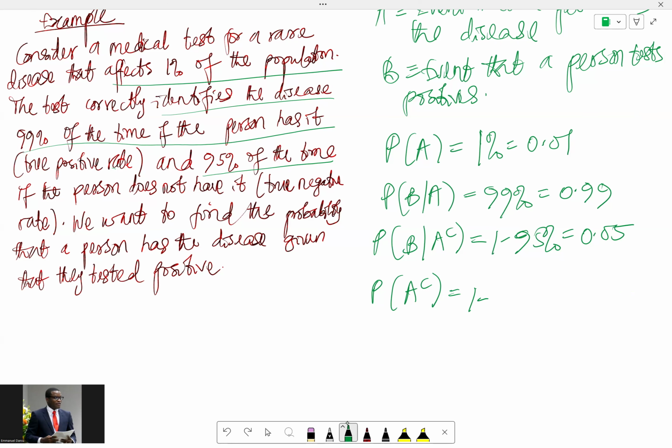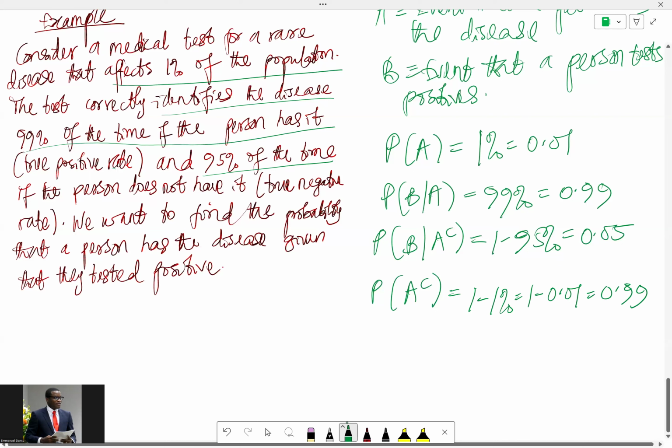So those who have it, 1%. So those who don't have it, that's 1 minus 1%, which is 1 minus 0.01, and that's 0.99. Of course, this is the same as 1 minus 0.95, and that is why we have 0.05.